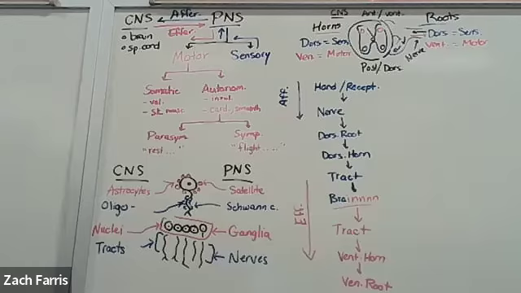Yeah, down a tract on your ventral side. And as soon as it gets to where it needs to go, stopping point for this muscle, then we leave out of the spinal cord. How? From your ventral horn to your ventral root back onto a nerve, spinal nerve, doesn't really matter, and we go to a muscle, and then we move our hand.